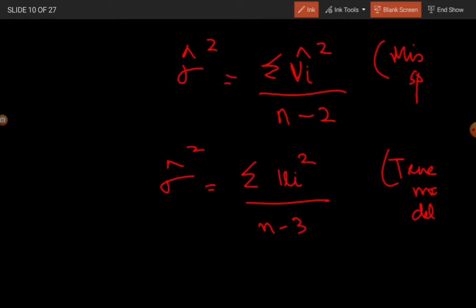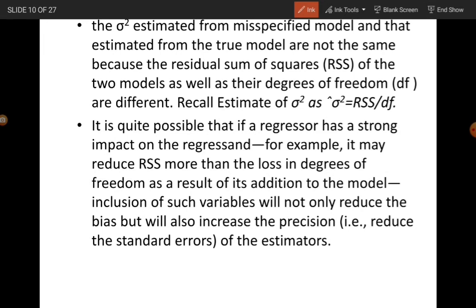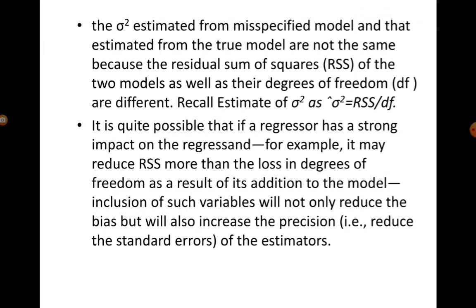So here it's vi hat square by n minus 2, and here it's ui hat square by n minus 3. This is why we say that the sigma square of the misspecified model and that of the true model will be different, because the residual sum of squares as well as the degrees of freedom will be different.